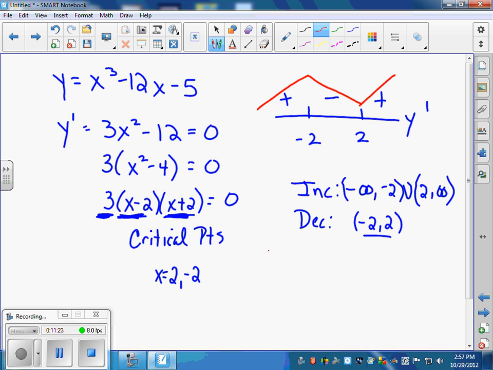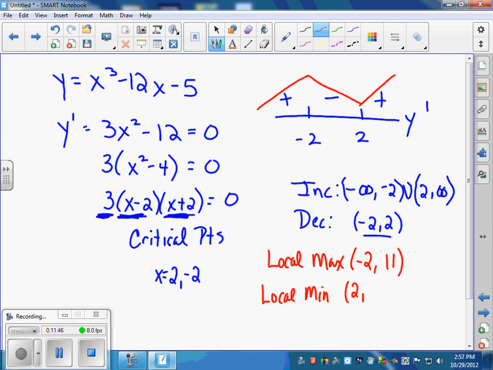So I can now tell that I have a local max at negative 2 and a local min at positive 2. And then I would take those and put them back into my original equation. And if I do that, I'll find that my local max is at negative 2, 11.